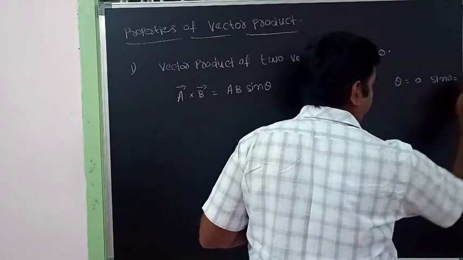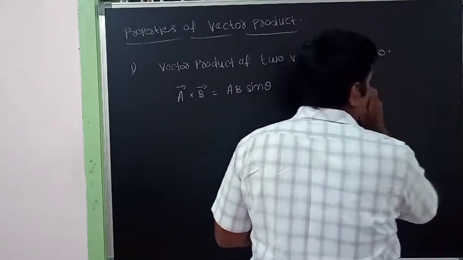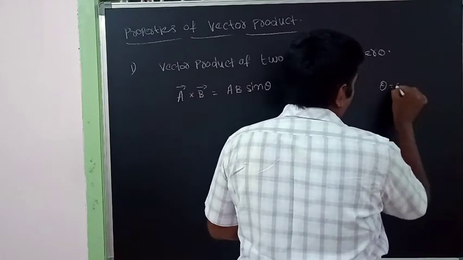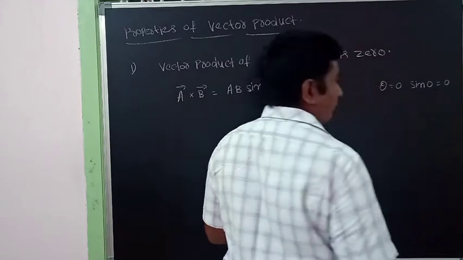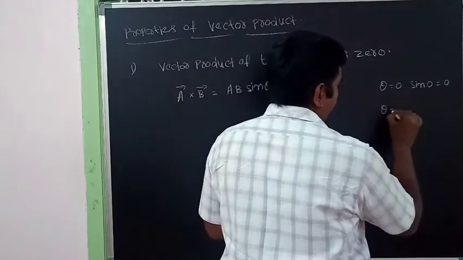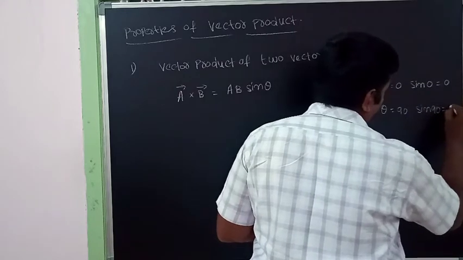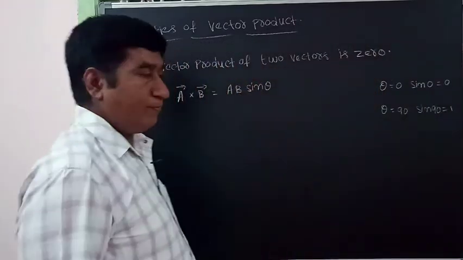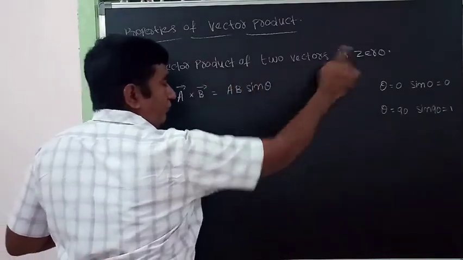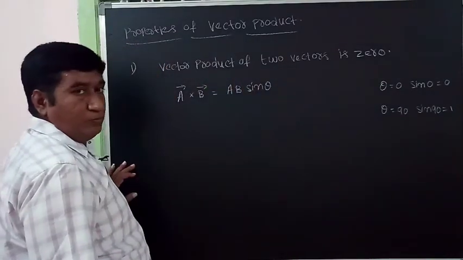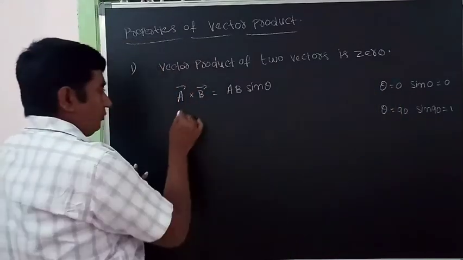Sorry. If theta is equal to 0, then sin 0 is equal to 0. If theta is equal to 90, then sin 90 is equal to 1. That means here the vector product has a magnitude of 0 if theta is equal to 0.